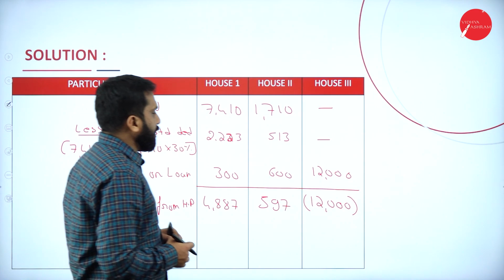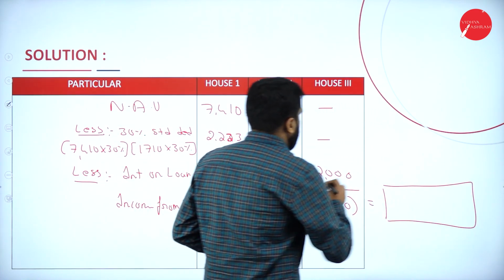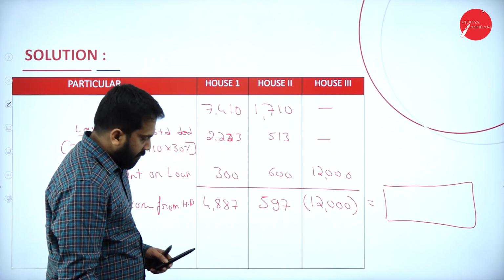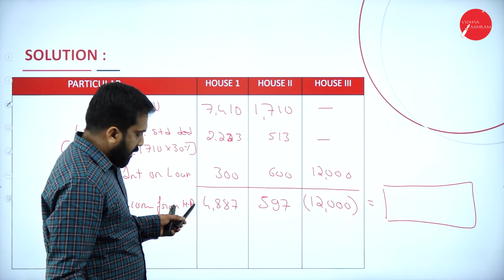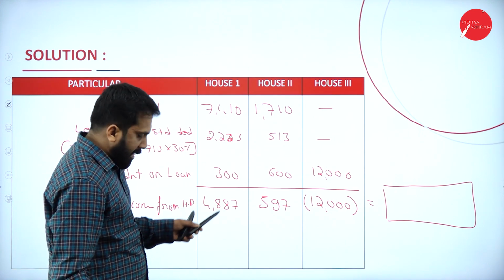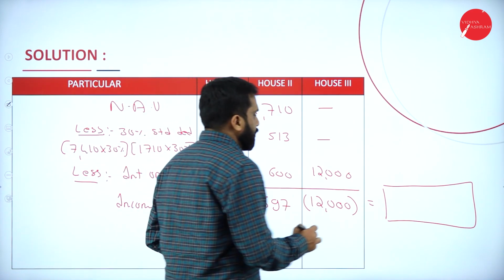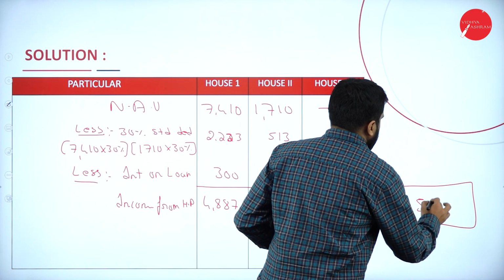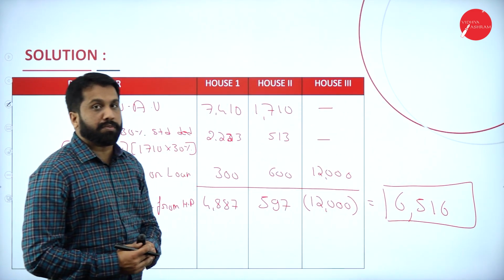597. What is the final answer actually? The final answer is, so this will be 12,000 and 4,887 and 597. I got 6,516. This is your income from house property.